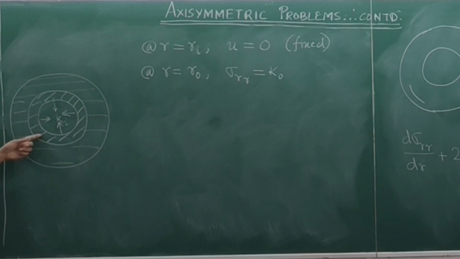The first material is material A, and then we have material B. And the condition is that these two things are perfectly bonded at this interface. Okay. Then what?